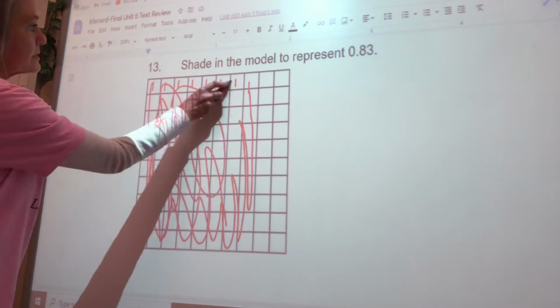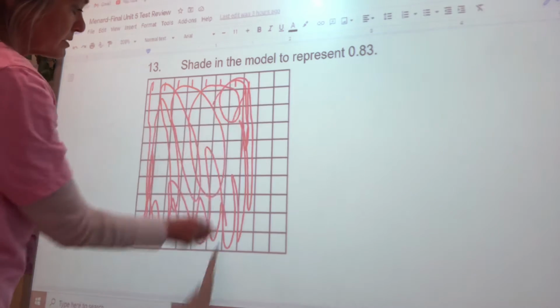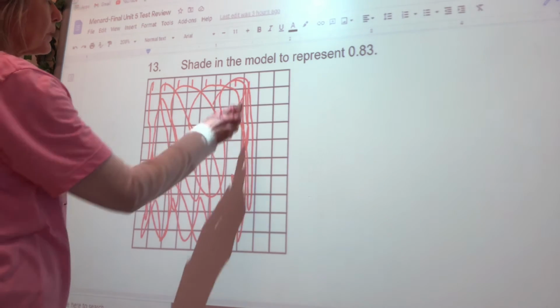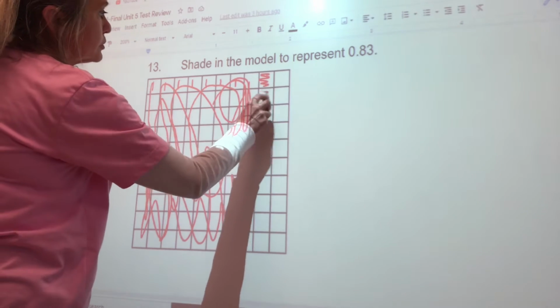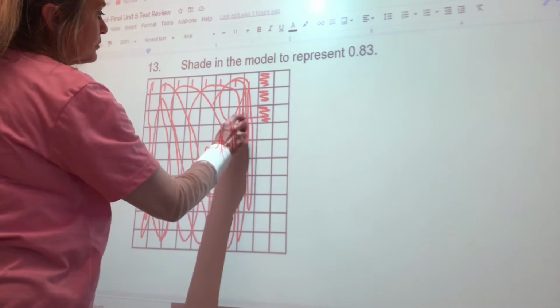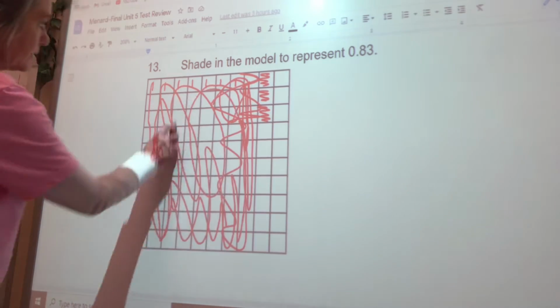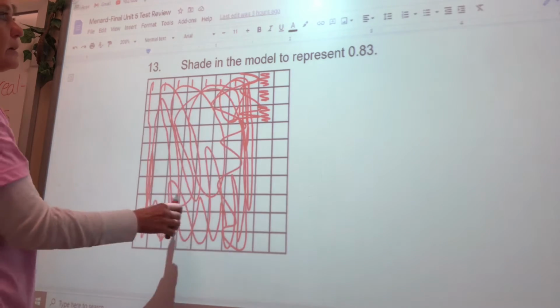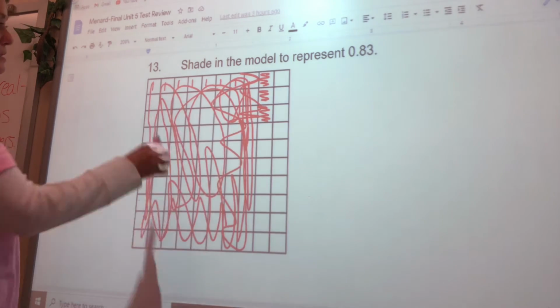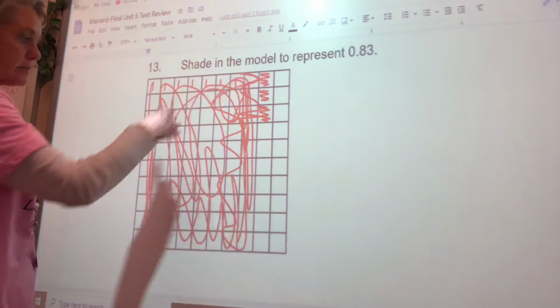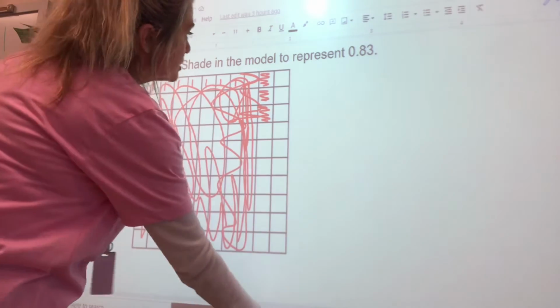Our number says 83 hundredths. So we would have 1, 2, 3 more filled in. So we have our 80 shaded here, and then 1, 2, 3 more. So 83 hundredths, because the whole thing is 100, are shaded.